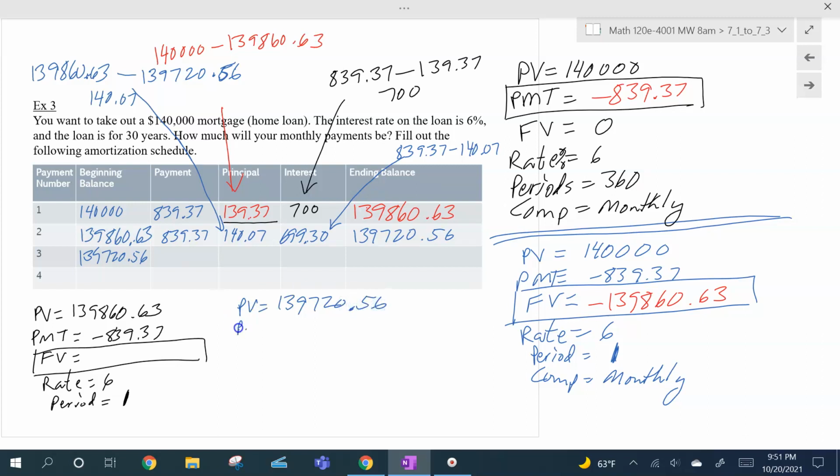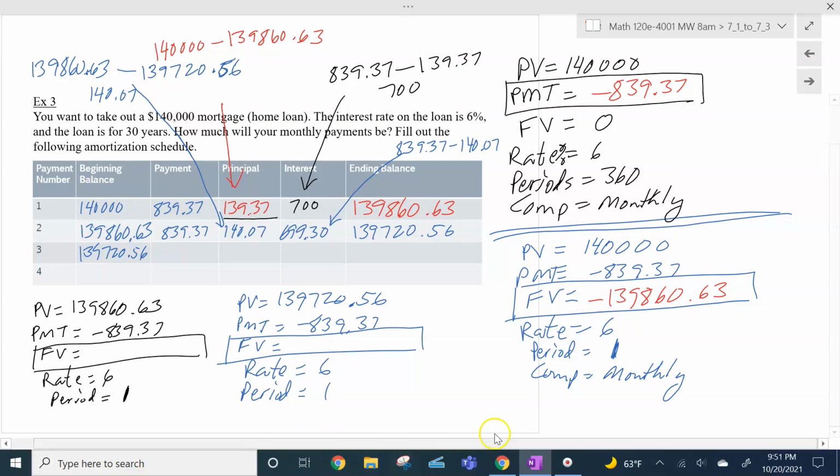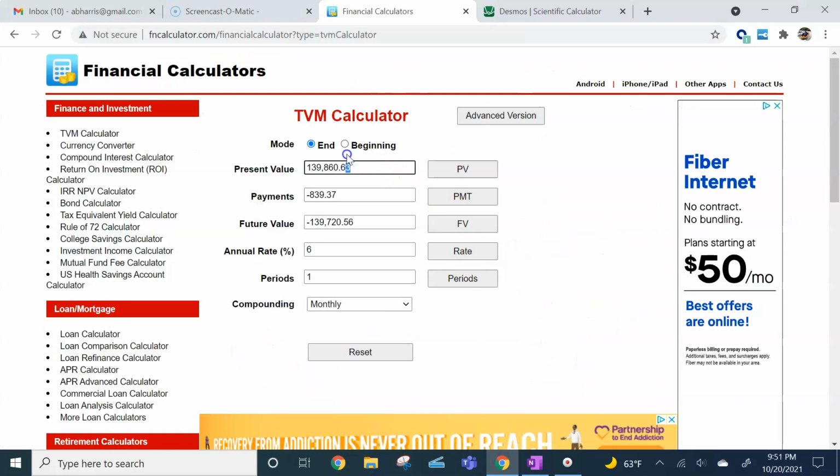I'm going to make a payment of 839.37. What would I owe after I make the payment, if I make one payment? So beginning of the month, I owe 139,720.56.